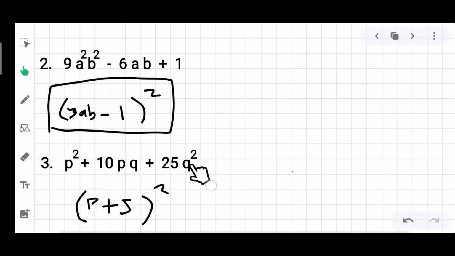Then, what is the square root of q squared? That is q. Dinivide ko lang yung exponent into 2, kaya naging q. So, wag kayong titingin sa middle term kapag gusto nyo mag-factor ng perfect square trinomial. Sa first and last term lang kayo titingin para makuha nyo yung factor.